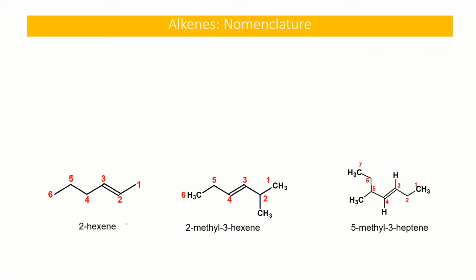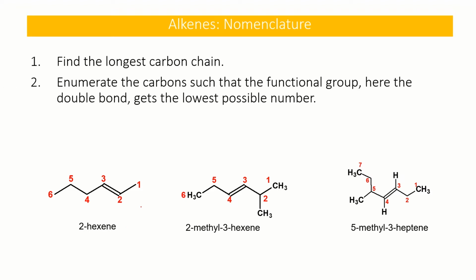You can see that we're using the lowest numbering possible, and therefore this one, for example, which has a 7-membered chain as the long carbon chain, has a methyl on 5, hence 5-methyl. The alkene is on 3, hence 3-heptene.